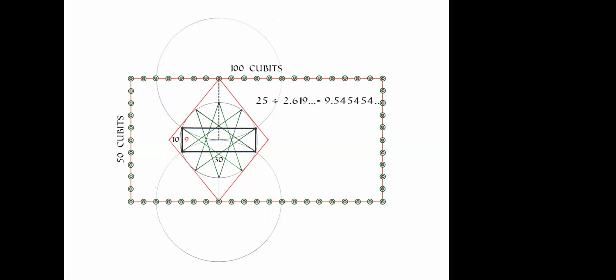Now, as you can see, it's another repeating decimal, but it's pretty close to the arithmetic mean between 10 and 9. So I suppose you could say that the measurement we've got from dividing this by 2.619 is in between the external and the internal measure. Now, if we then use this measurement, if we were to multiply 10 by 3, we'd obviously get 30.